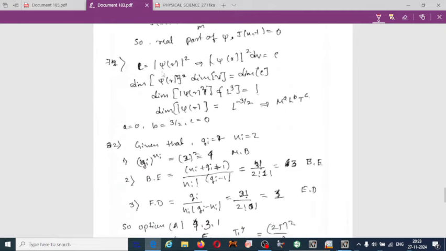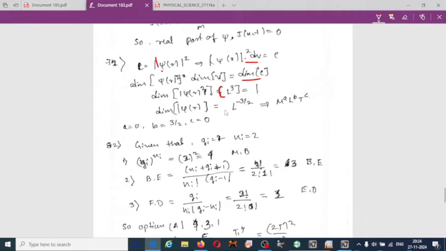As we know, for the wave function, the probability of finding an electron within the volume is given by mod of psi of r squared. Then if we take the dimension, we will get the dimension of the probability equal to 1. So the dimension of psi of r squared times the dimension of volume, which is L cube.